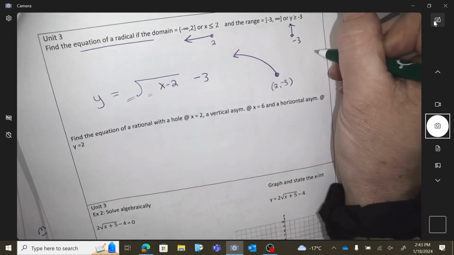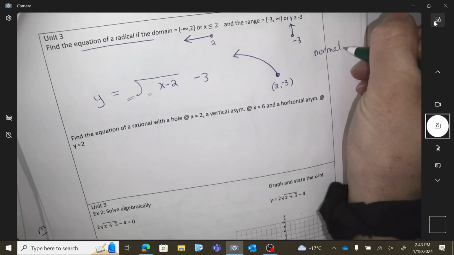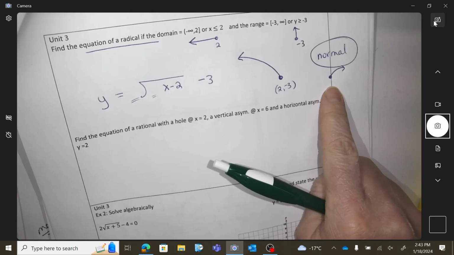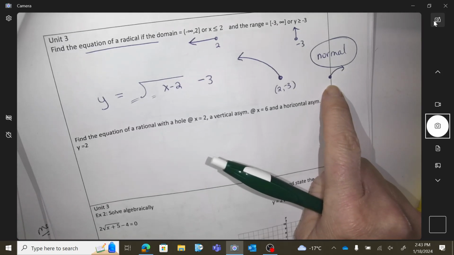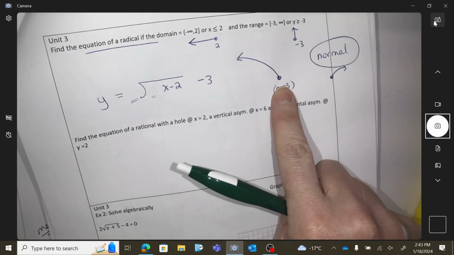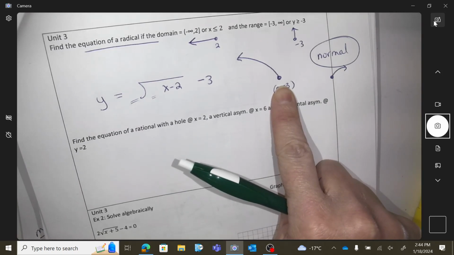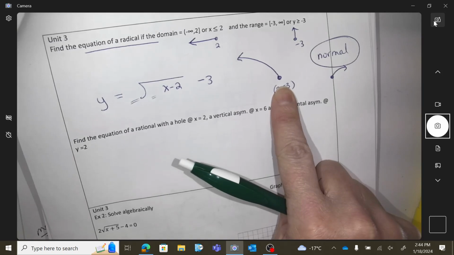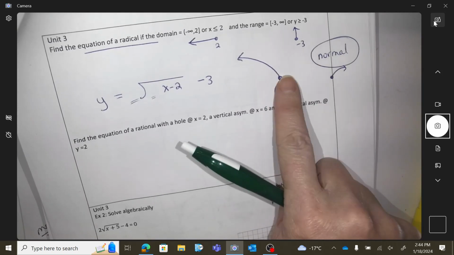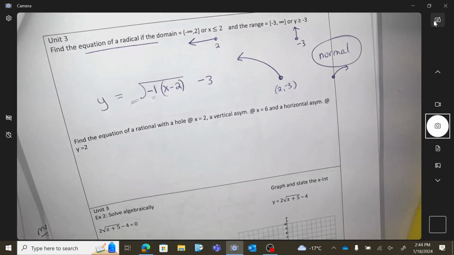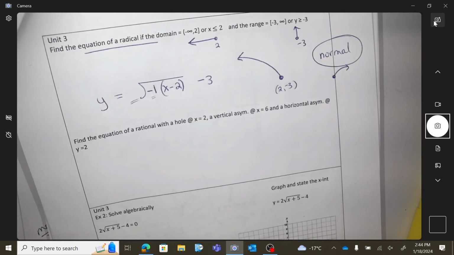No. What's a normal radical? That's a normal radical. So there's been a reflection, so now you have to decide if that's an A or a B reflection. That would be a B, and then that means I need brackets now.